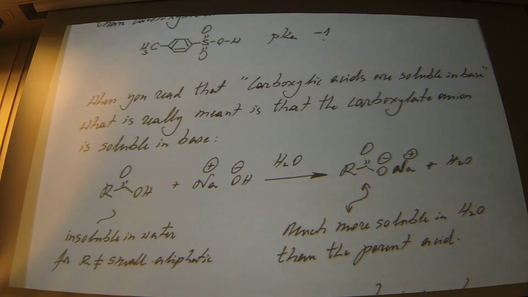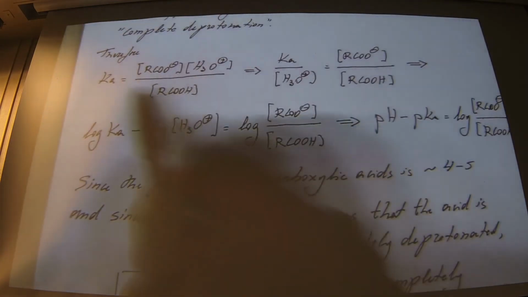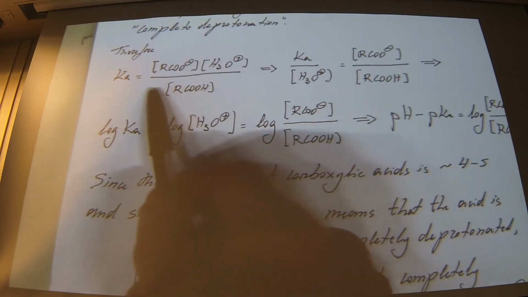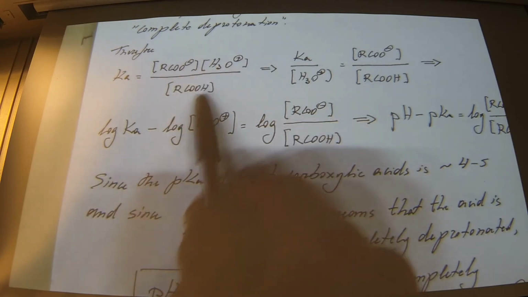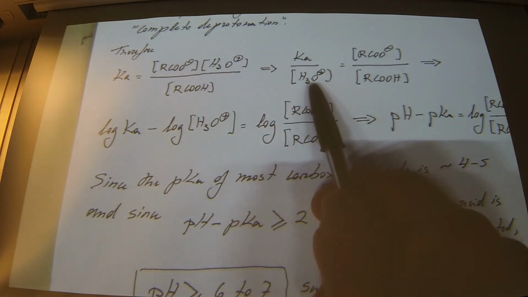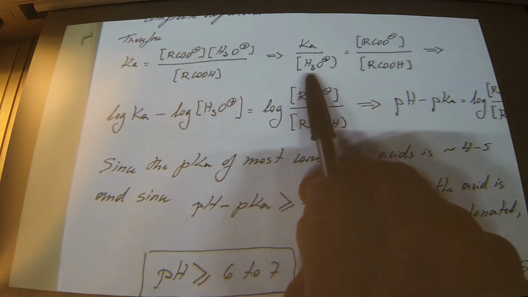I mean, just for practical purposes. And so let's just say 100 to 1. That means that if I look at the Ka, that's the equilibrium that gives me the acid strength. Then I can divide by the proton on both sides, so just divide both sides by H3O plus concentration.